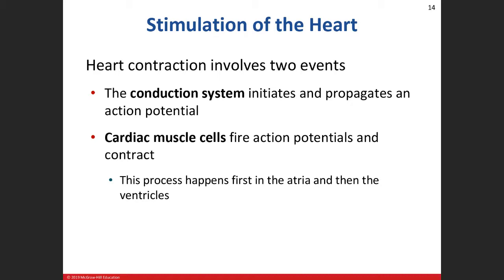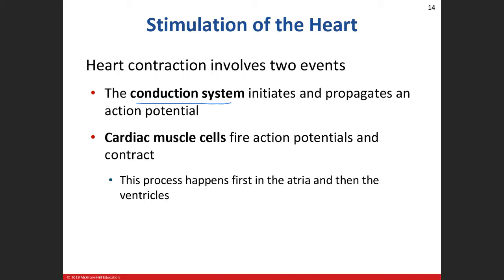There are two components of that. Let's talk about the first one, the conduction system. The conduction system has nothing to do with actually contracting. Action potentials don't do anything except tell another cell to contract. These cells are going to send the signals for whatever the effect is going to be.